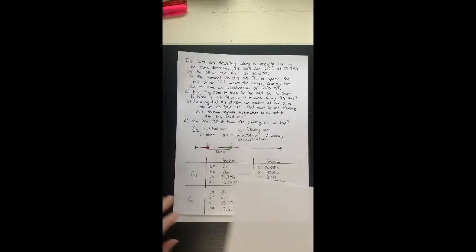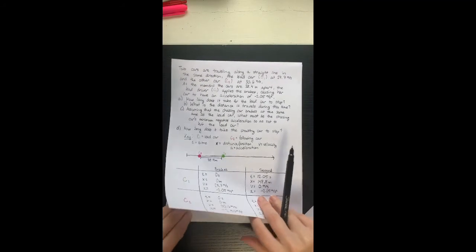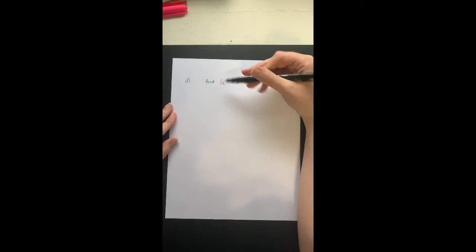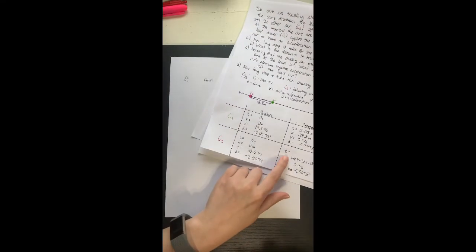Okay, so now looking back up here, part D says, how long does it take the chasing car to stop? I have a completely new sheet of paper for it. Once again, I rewrote it with my colors and easier terms, just to remind me: find C2 time to stop, which coincidentally is the only thing we have left to find over here.